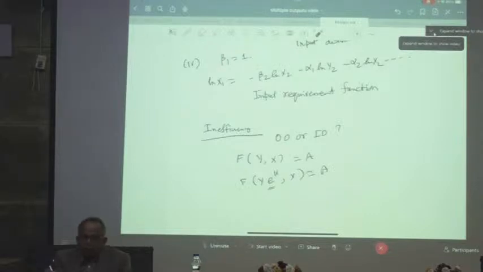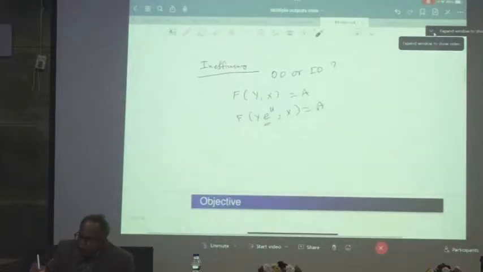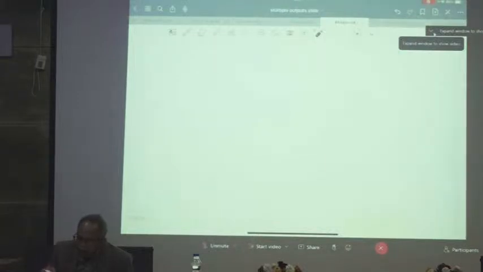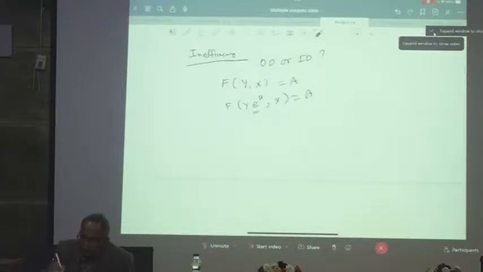Okay. So in this case, instead of going through all the algebra all over again, let me just say that this is the case, and again, you use a simplification, that is, you just say these are separable. I mean, this is an assumption.